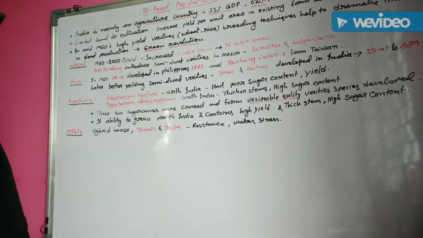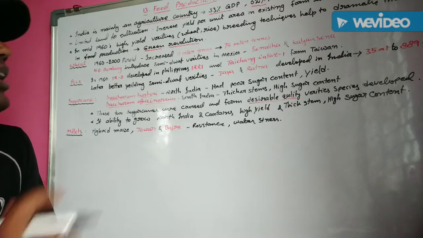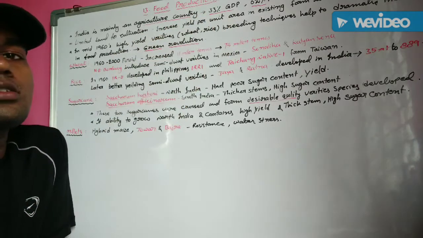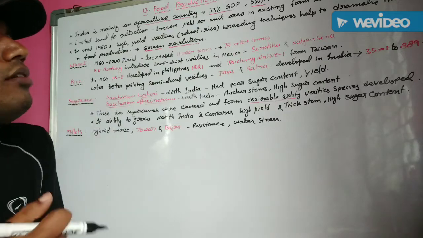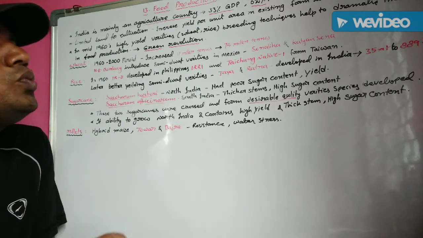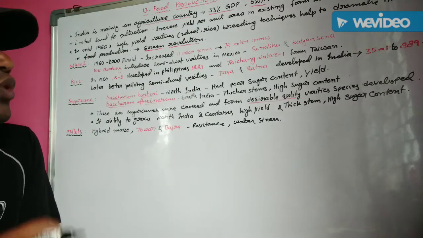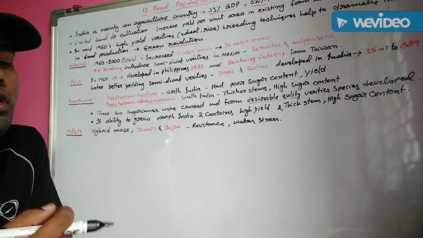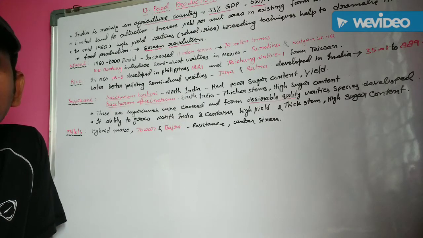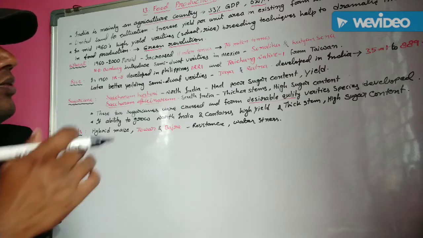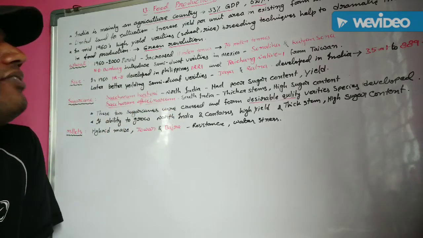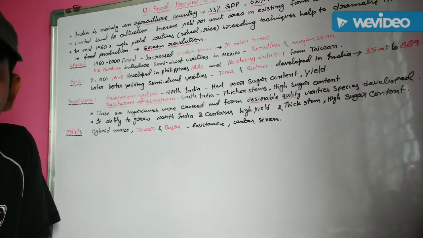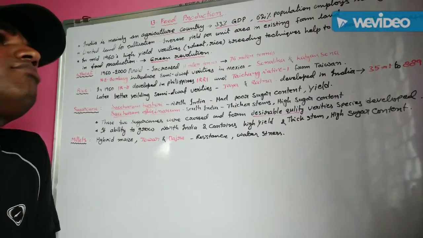But in the middle of the 1960s, high yield varieties in wheat and rice, and also breeding techniques, helped to increase domestic food production. Food production increased mainly with the help of new high yield varieties like wheat and rice, and some breeding techniques.